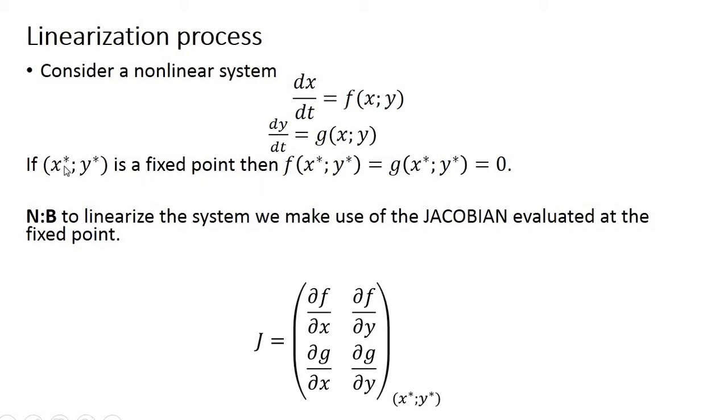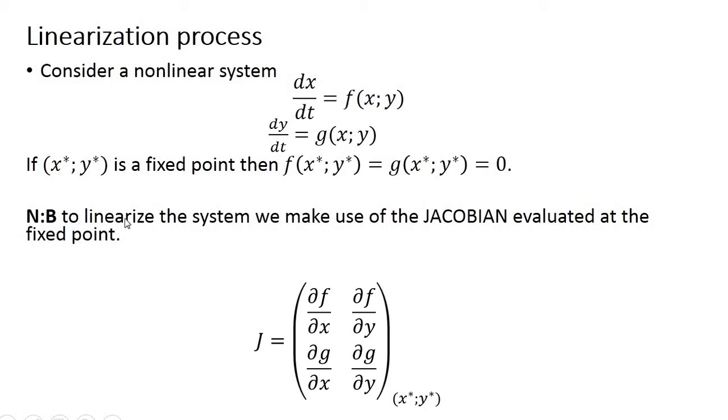If (x*, y*) is a fixed point, then f and g must both equal zero there. This is still the same way we find fixed points as with linear systems, so we still use the same method.